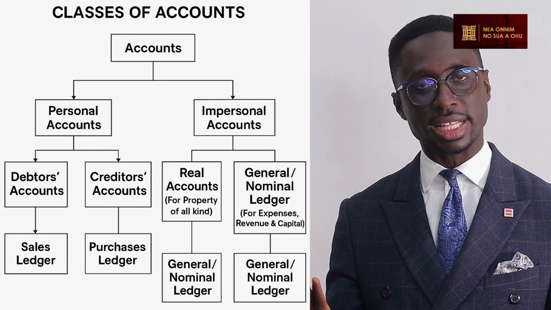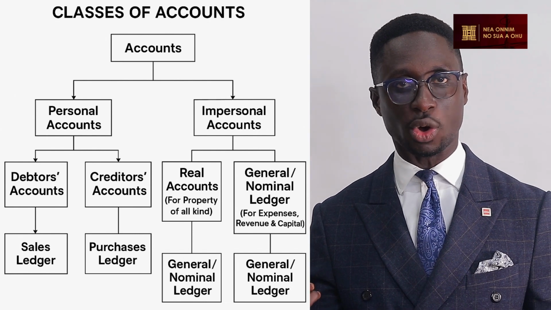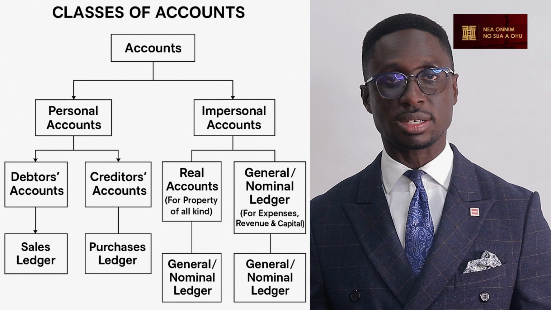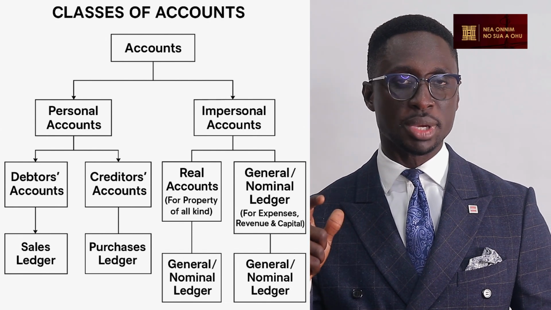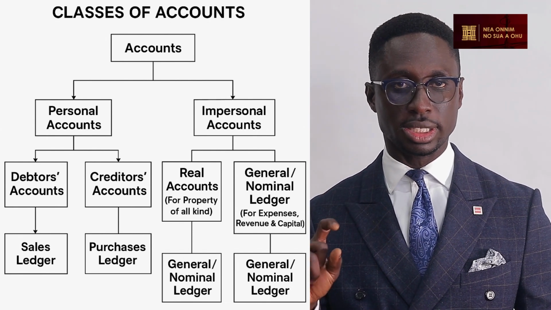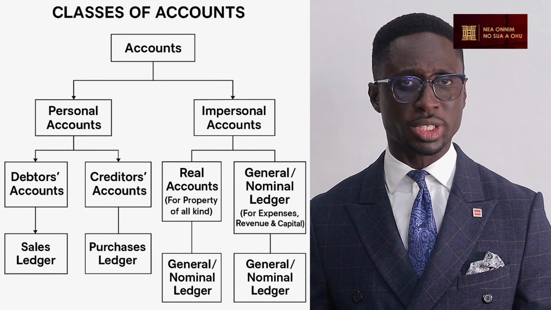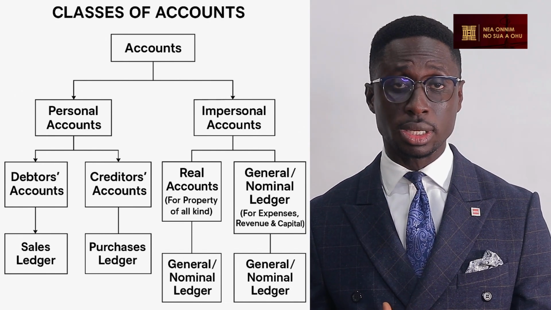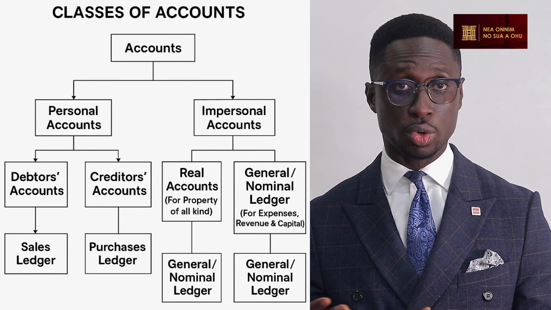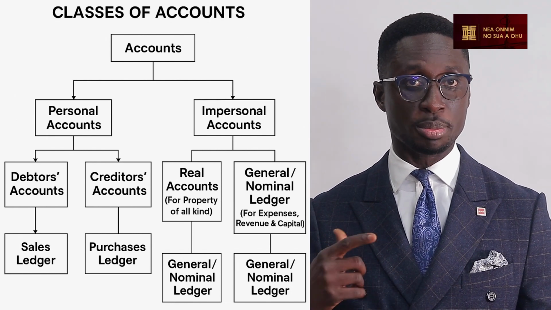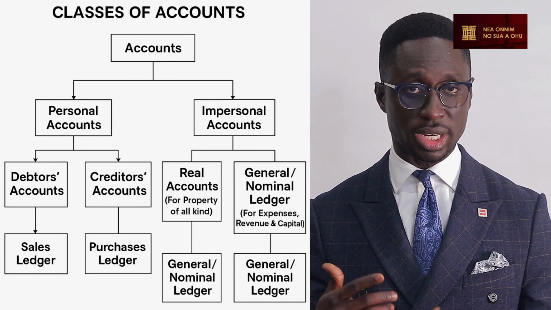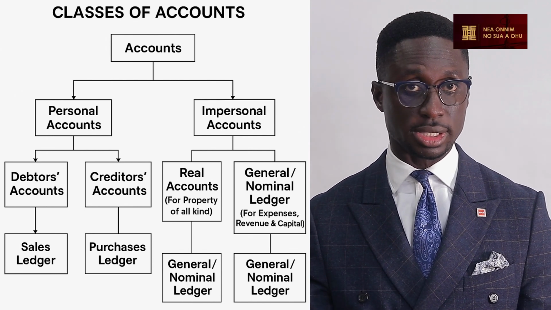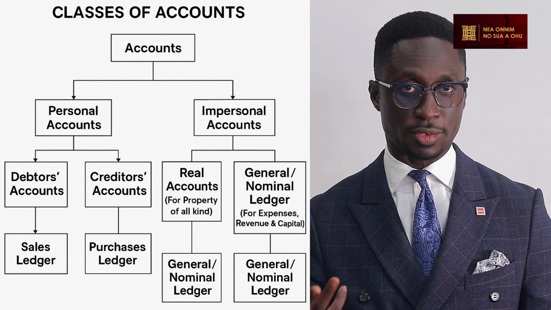Good. Now let's look at the other side of it, the second leg of the impersonal accounts. The second leg of the impersonal accounts are what we call the nominal accounts. Why do we call them nominal accounts? Because they've typically got to do with flow. And nominal, as we've mentioned previously, whenever you hear nominal, has got to do with the money terms of things, the nominal value of an item.